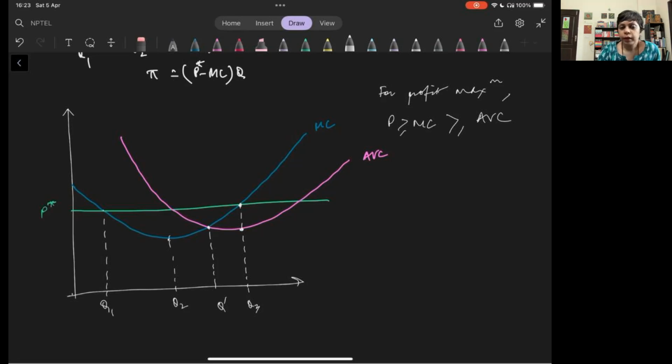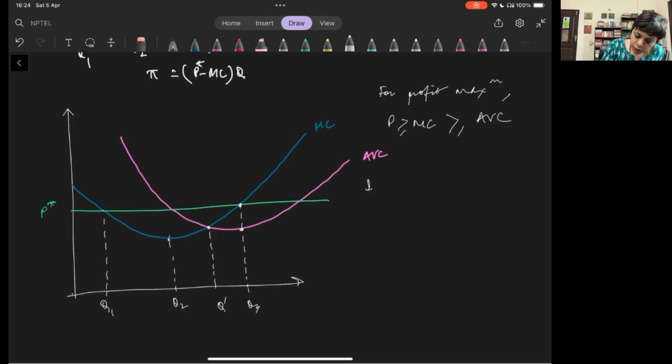So basically, you're seeing that in this diagram which I have drawn arbitrarily, average variable cost is intersecting the marginal cost curve at some point Q prime, right? Now if this Q prime were equal to Q3, then you would have this condition.